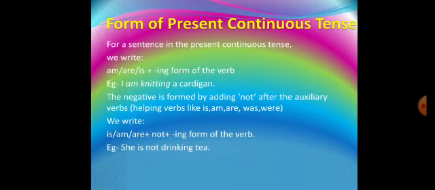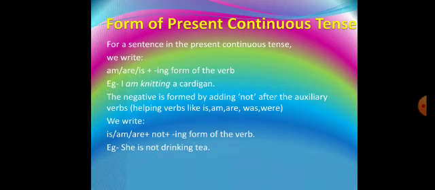So now we will learn about the form of present continuous tense. For a sentence in the present continuous tense, we write am, are, is plus ing. That means root form of the verb plus ing. For example, I am knitting a cardigan. Here the main verb is knit, and we have used the helping verb am, are, is plus knit plus ing to make a sentence.